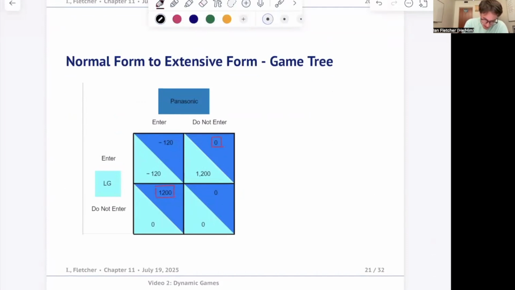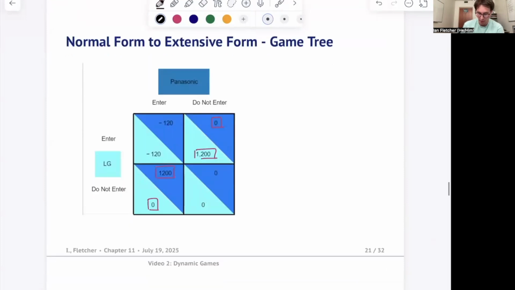Similarly, if Panasonic is going to enter, LG would be better off not entering. And if Panasonic is not going to enter, LG would be better off entering. Right? And so now, if we were working together and both people were making a decision, they would have that weird, well, I would enter if nobody else is going to enter, but now I'm not going to enter if I'm not going to enter.